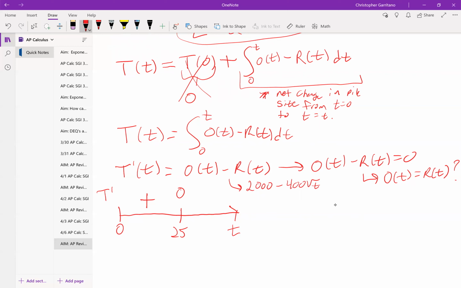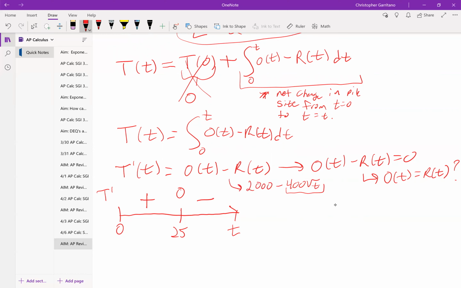Then let's choose a number between 25 and, in theory, infinity, say t equals 100. When t equals 100, this second part becomes 4,000, and 2,000 minus 4,000 is a negative number. So the derivative is negative when t is greater than 25.